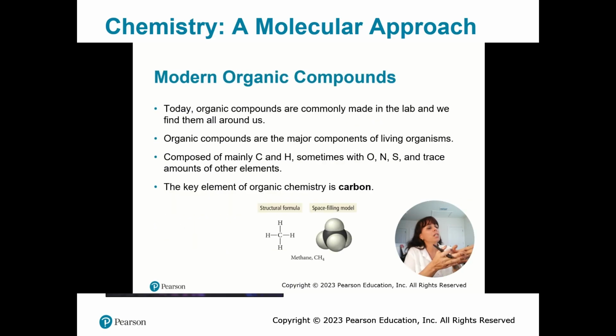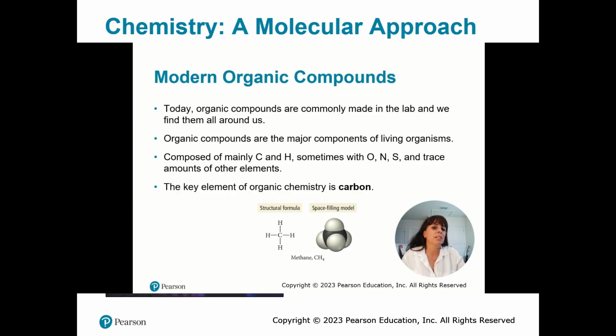So the modern organic compounds, we know that today organic compounds are commonly made in the lab, and we find them all around us. Organic compounds are major components of living organisms, like us. They are composed mainly of carbon and hydrogen, right?